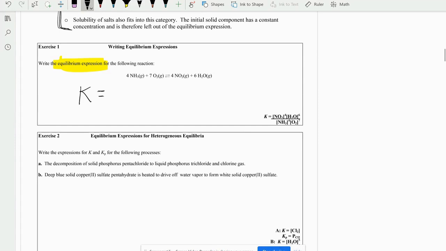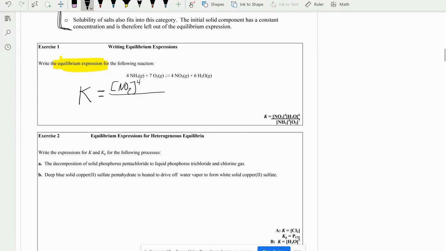Okay, we're going to go ahead and set our equilibrium constant equal to the numerator. We will have our products. So I have nitrogen dioxide. I'm going to go ahead and raise that to the 4th power. And I'm going to have gaseous water. Remember, if it's a pure solid or a pure liquid, it does not appear in the expression.